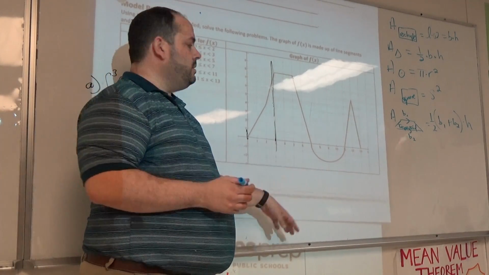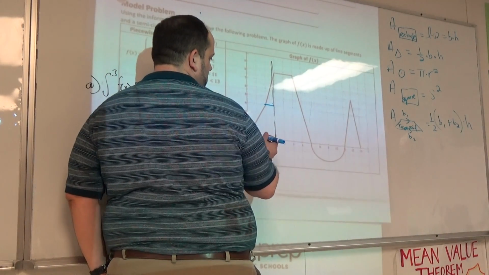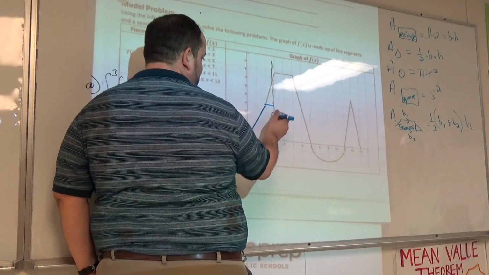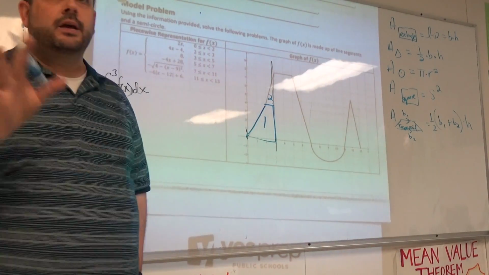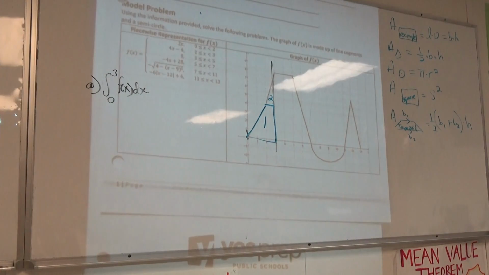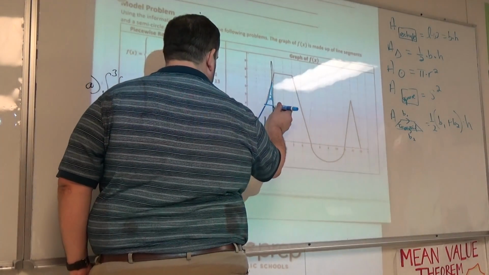Where you had one and three? Wait. So I see your hand doing that. So we're going this way? Yeah, right. And then this piece here is a trapezoid, and then you've got a triangle. Go find the area. Use whatever method works best for you. It doesn't matter to me. I'm going to go with the trapezoid and the triangle way.